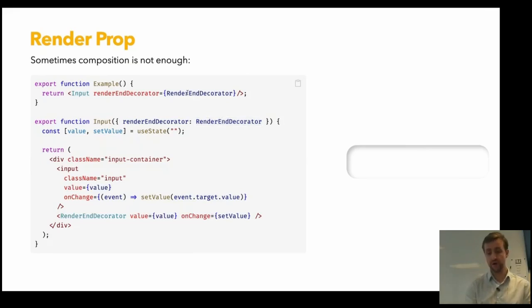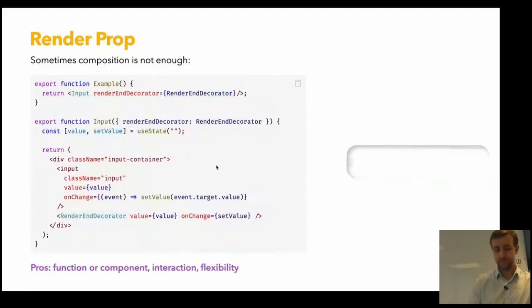So you provide a component there, and in the input you use that component. The nice thing is that since it's a component, you can pass value properties, in this case value and onChange. For example, if I do that, you see that it's able to detect there is some text, so it can show the button and remove it.